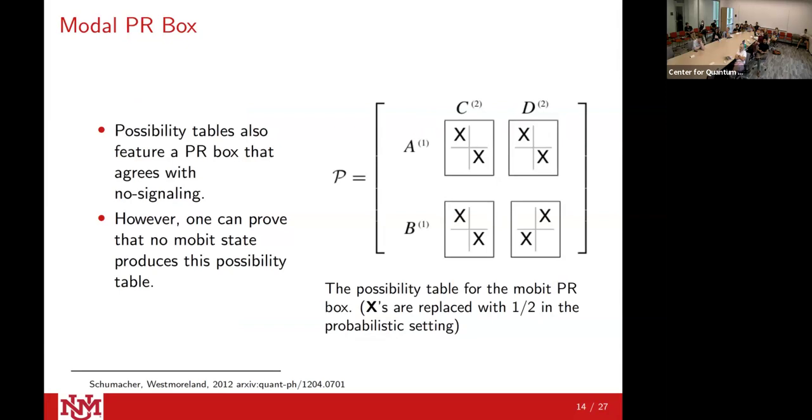Yes, but this isn't a physical modal state that you can actually write down, because of a proof covered in this paper that we really don't have time to get into. It's akin to the idea that you can't write down a PR box state in traditional quantum mechanics.